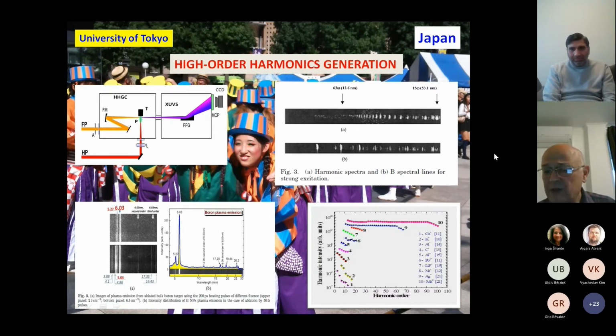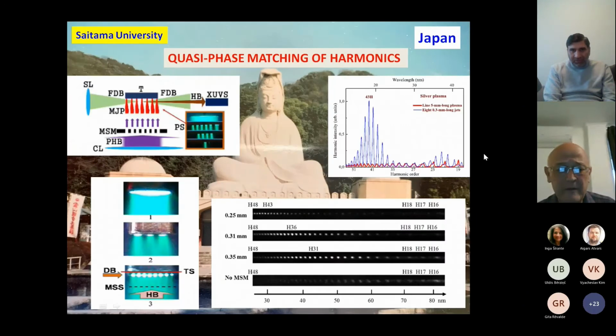And this was the beginning of the era of high order harmonic generation, and some specific features I will show later on.